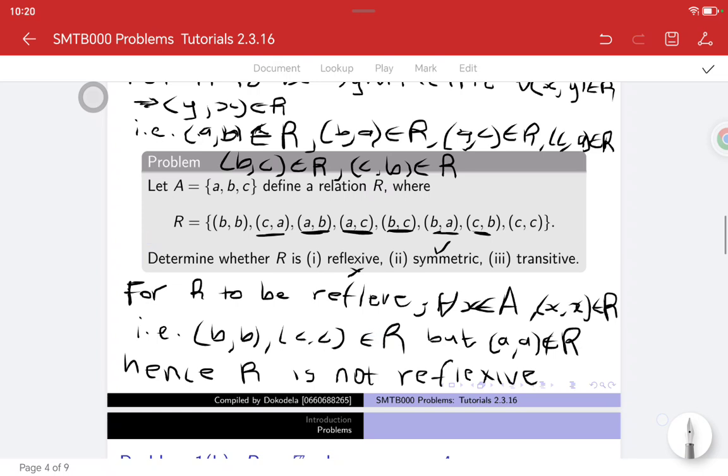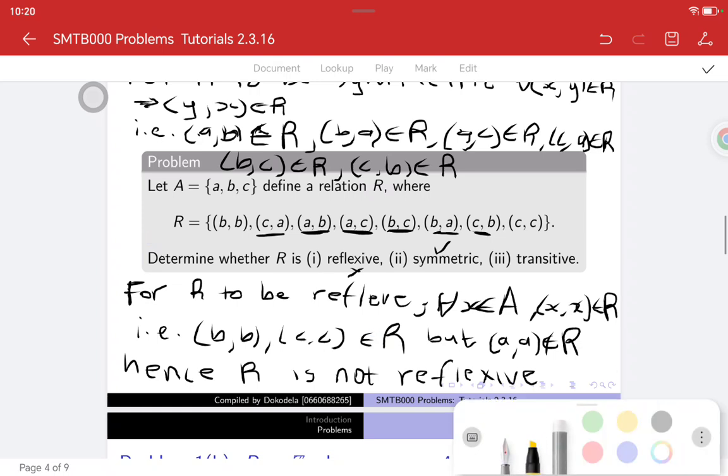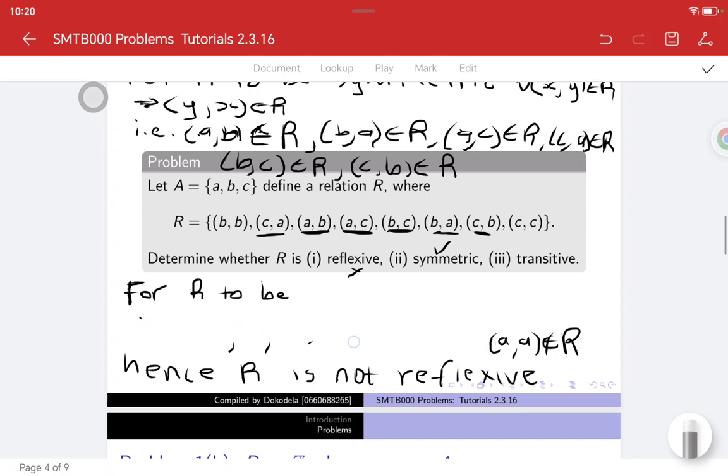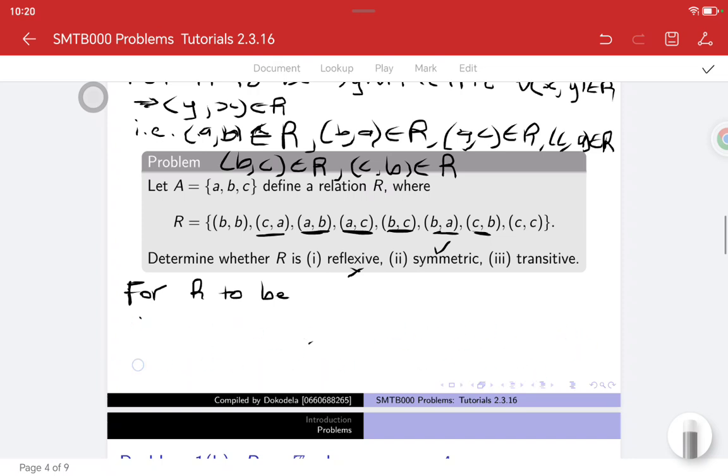Now let's check transitive. So let me erase this. Let's check for this to be transitive. What must occur?